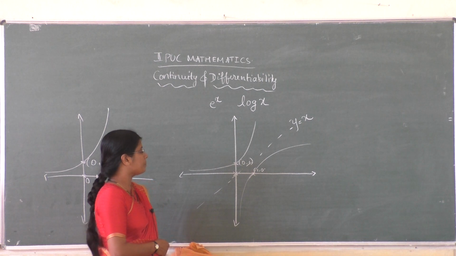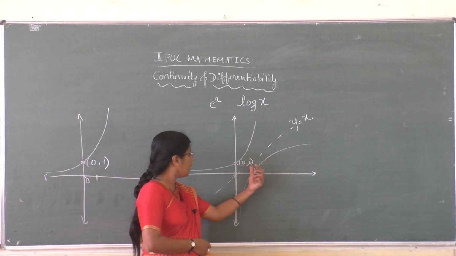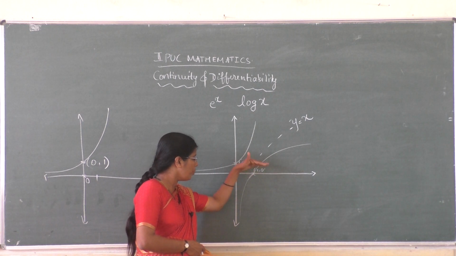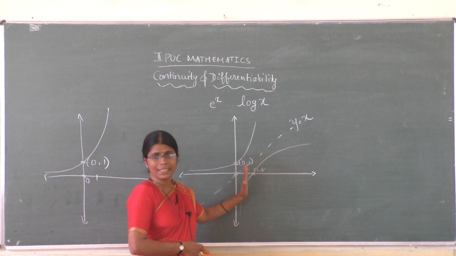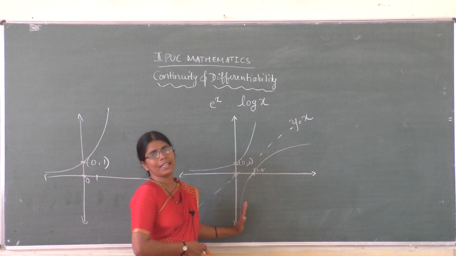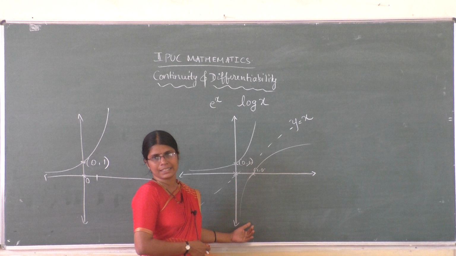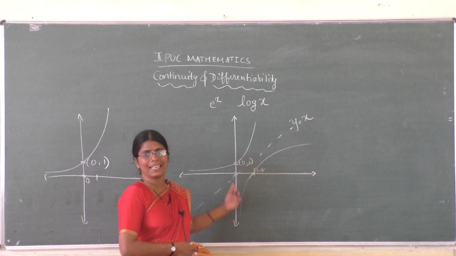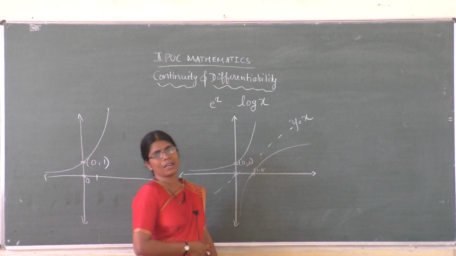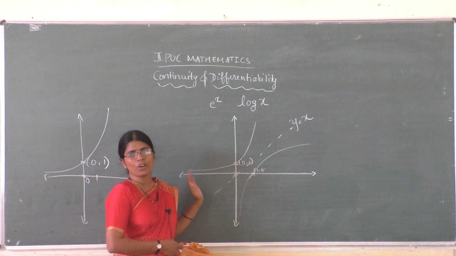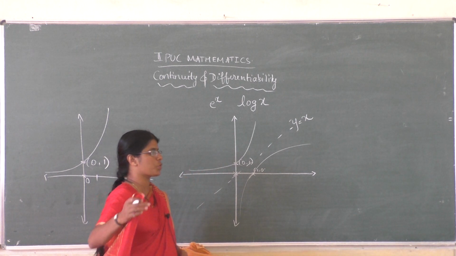Moving downwards in the fourth quadrant, the function approaches minus infinity. As the value of x becomes lesser and lesser, log x also becomes smaller and smaller. So these are some properties of the logarithmic function.